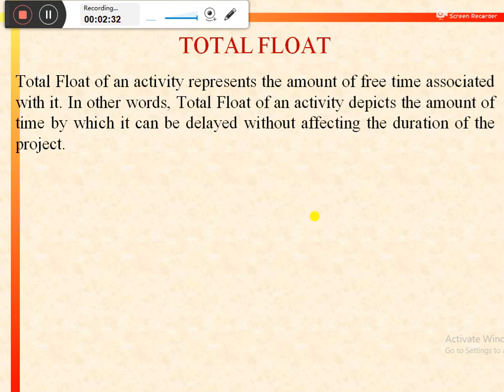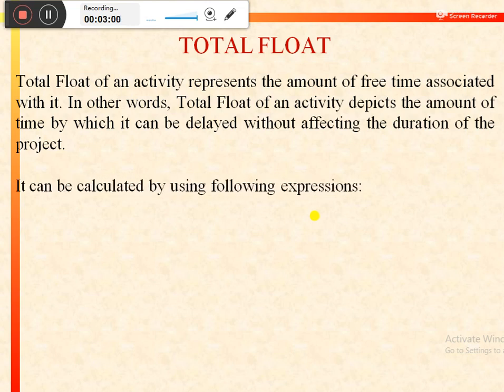Or in other words, we can say that total float of an activity depicts the amount of time by which it can be delayed without affecting the duration of the project. So the basic concept is that the duration of the project should not be compromised by delaying different activities.